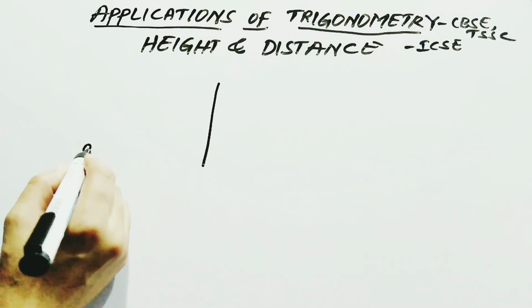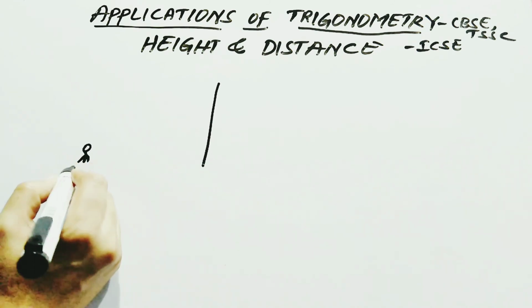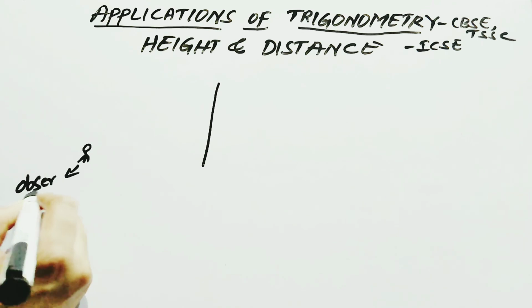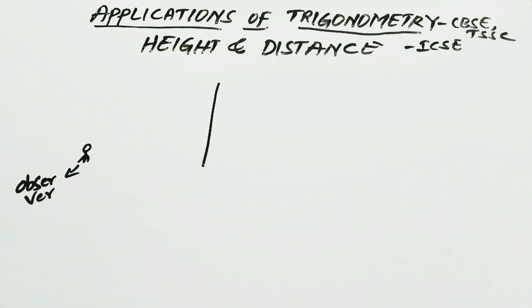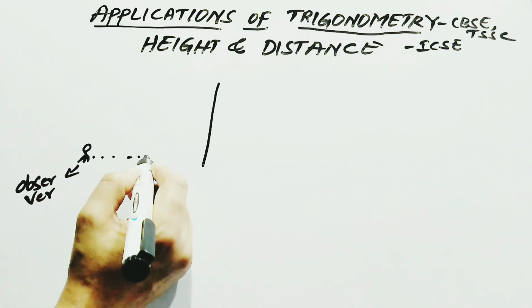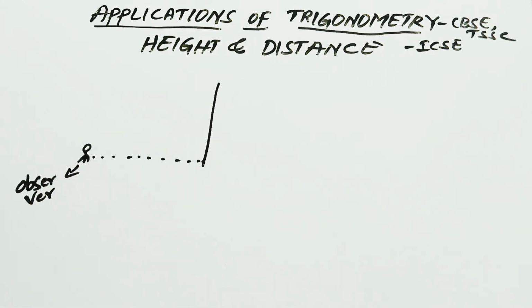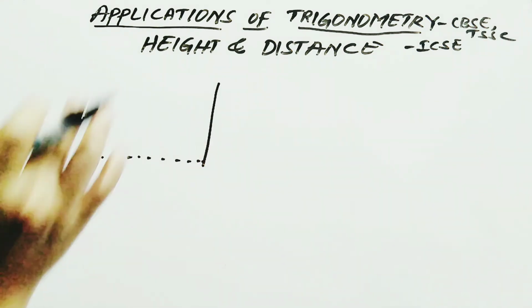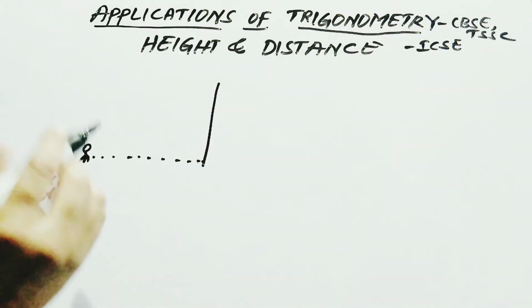Suppose that person is seeing, the person is called the observer, the one who is observing. If the person is seeing straight, one horizontal line will be formed. If the person wants to know the height of that building, he is seeing the top of the building.